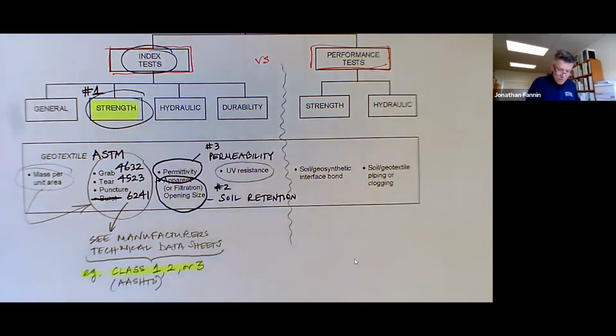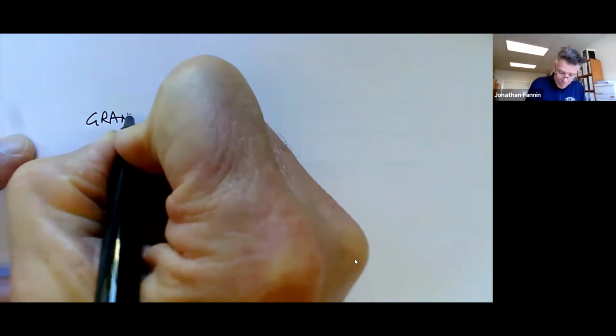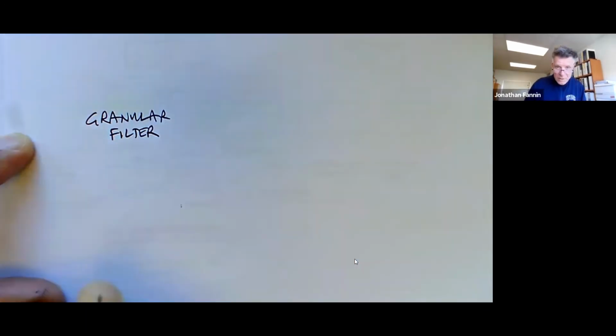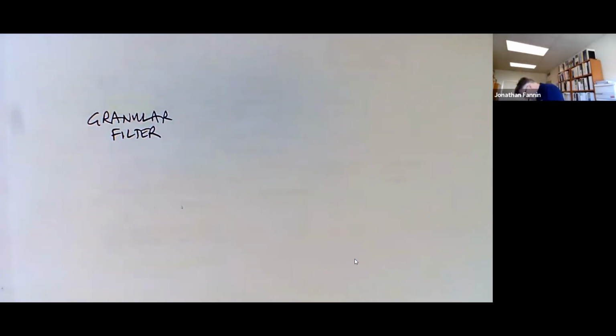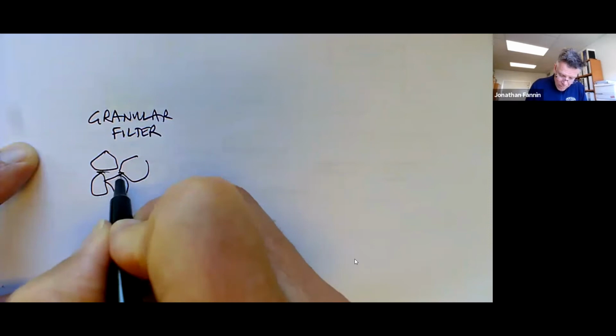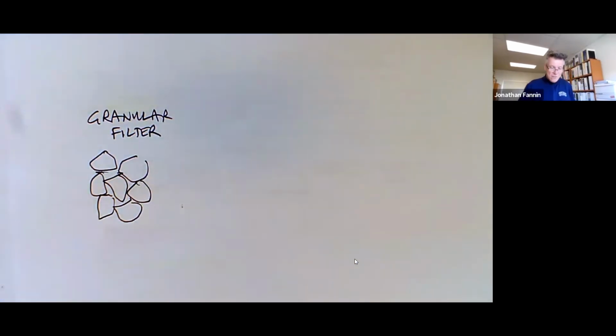And the distinction, so perhaps let me take a piece of paper here. If I'm looking at the granular filter, I'll sketch it. Can you imagine with the granular filter, we're sizing the grains of the granular filter.